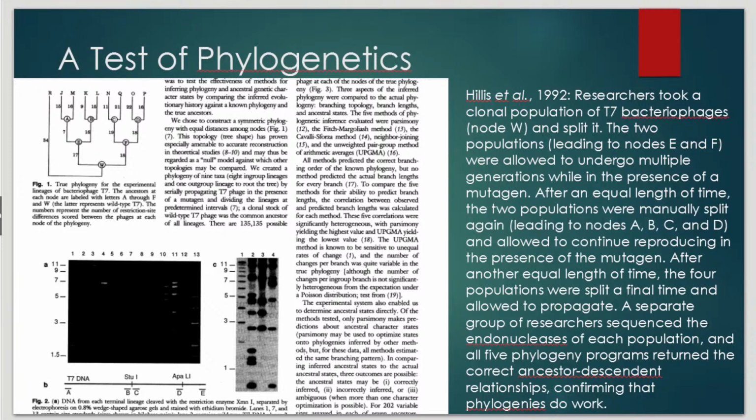They did this with 5 groups, and all 5 of the phylogeny programs applied to this endonuclease data returned the correct phylogeny and ancestor-descendant relationships. All 5 of them. So that means that this phylogeny, these lines on a page, were independently verified by a different team who did not know what the original data was. They only had the genes.